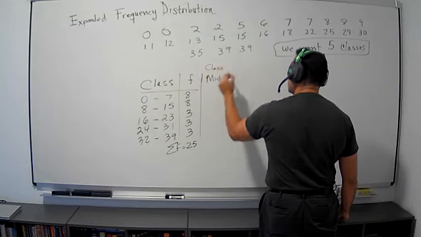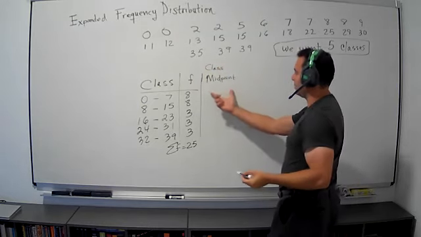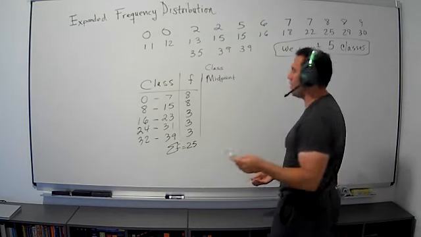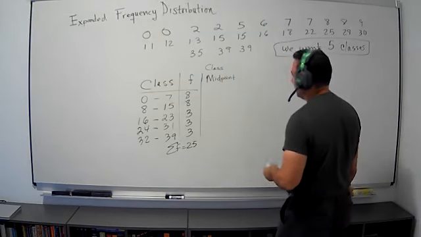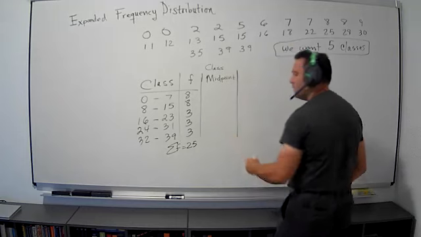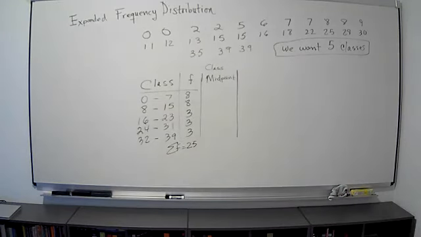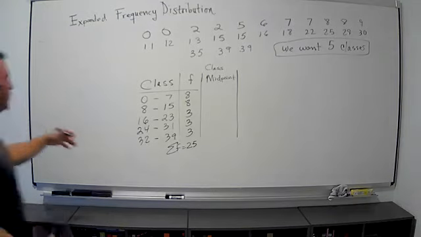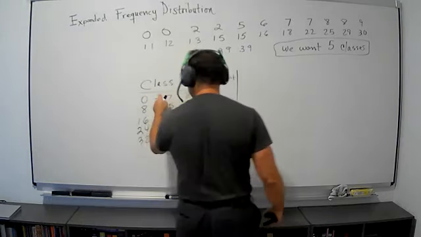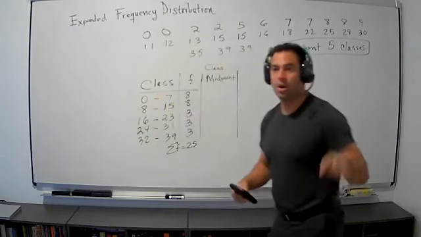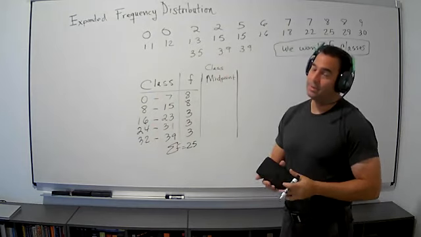This is just one number we're going to come up with. The class midpoint is one number that we pick that's in the middle of that class interval. If we pick the middle number of this interval, we can say that it represents that class.